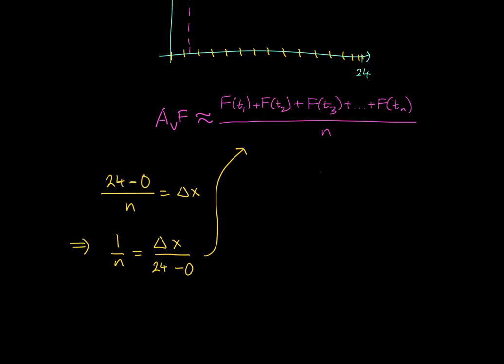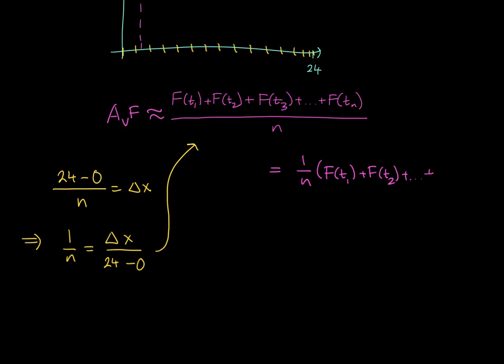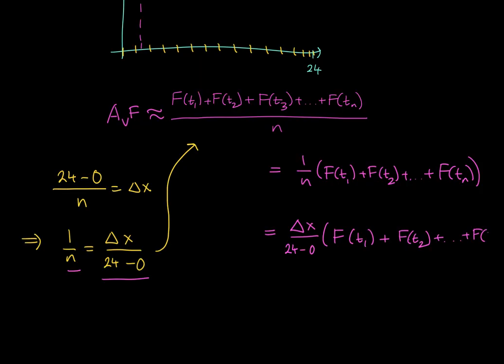Using this idea, I can replace this 1 over n, so I'll rewrite this: f of t sub 1, plus f of t sub 2, plus dot dot dot, plus f of t sub n. And 1 over n is the same thing as delta x over 24 minus 0. So that would be delta x divided by 24 minus 0, times f of t sub 1 plus f of t sub 2 plus dot dot dot plus f of t sub n.